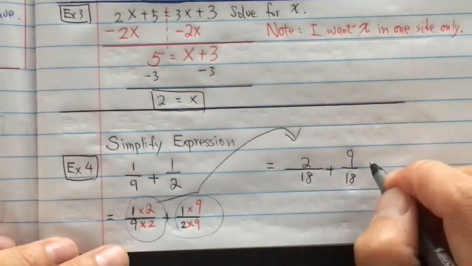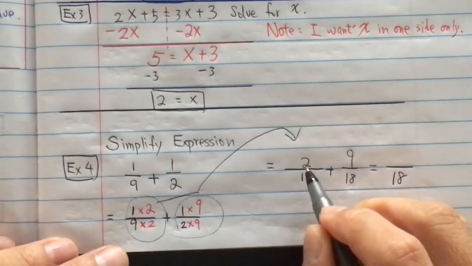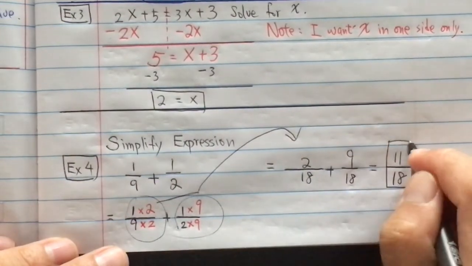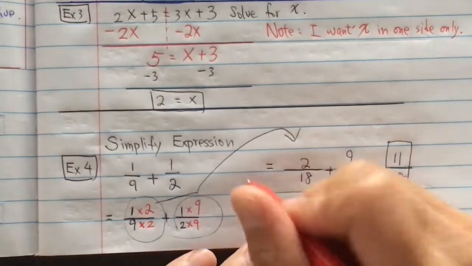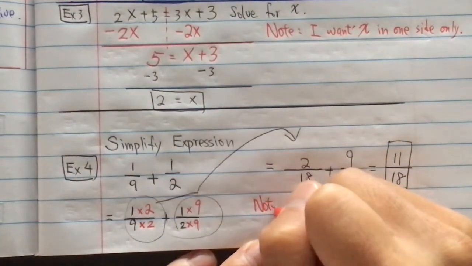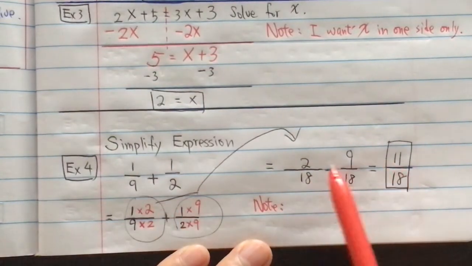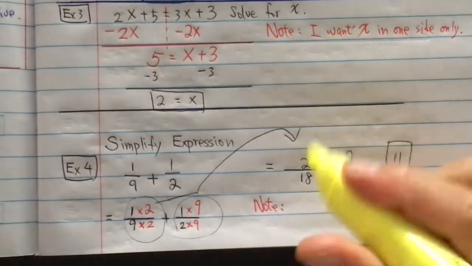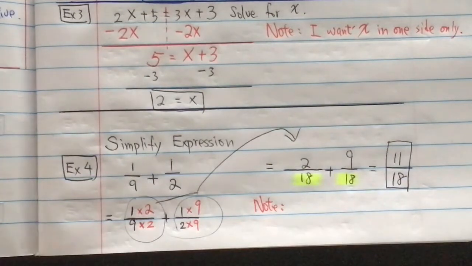Okay, so now the denominator is the same, and we need to add the numerators. Box the answer. But ladies and gentlemen, I need to make a note. The denominator must be the same. Okay, highlight it. Then we can do some operation in the numerator.